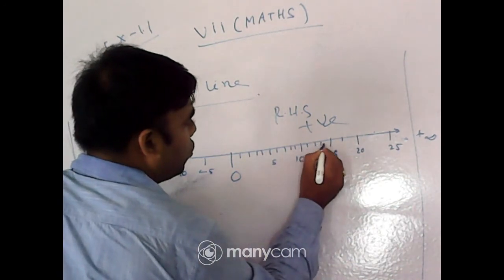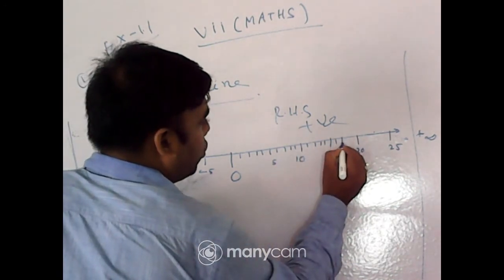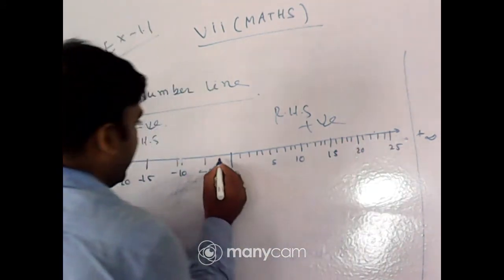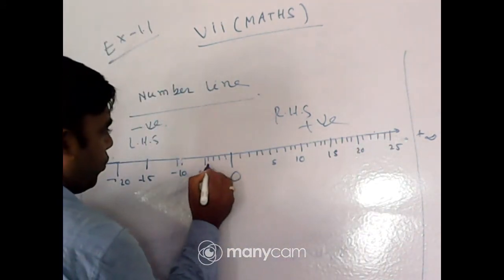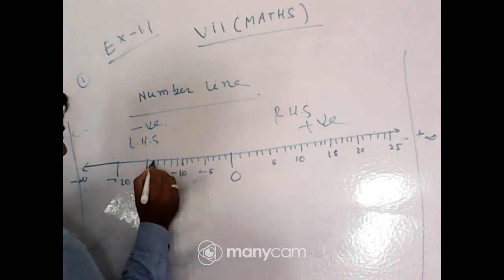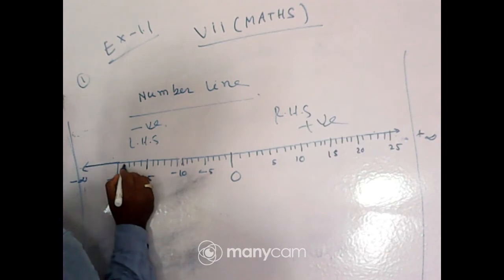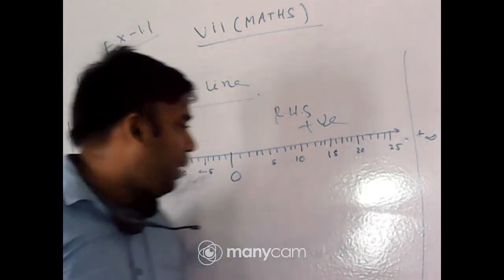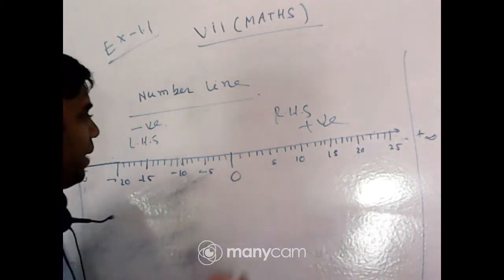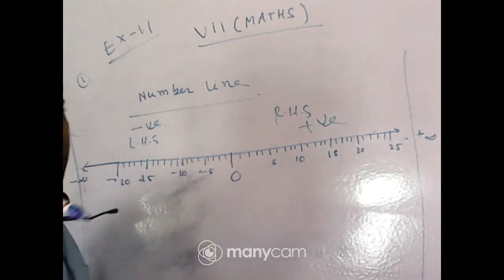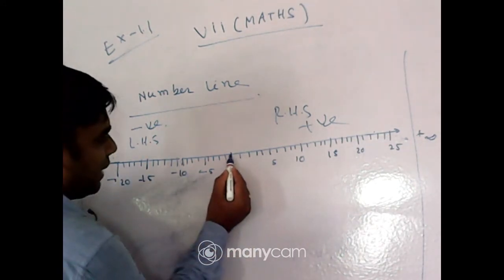So I have divided each into 5 equal parts as it is given from 0 to 5, and this distance is plus 1, and this distance is minus 1.